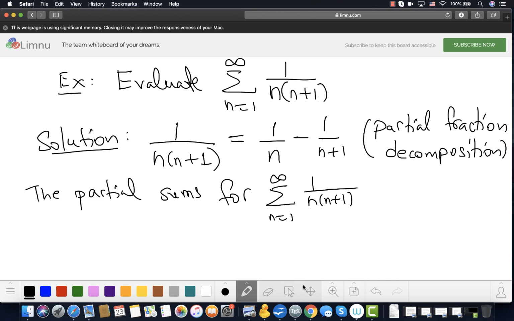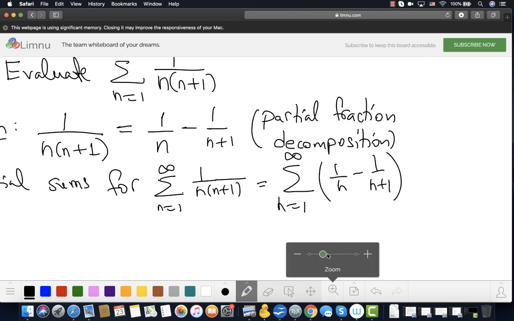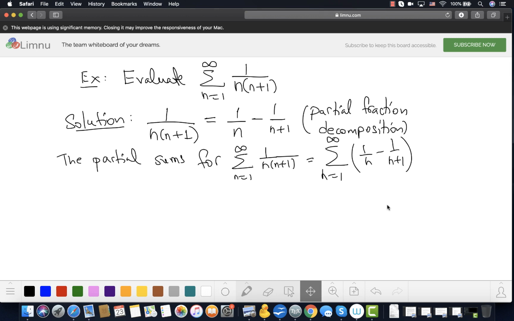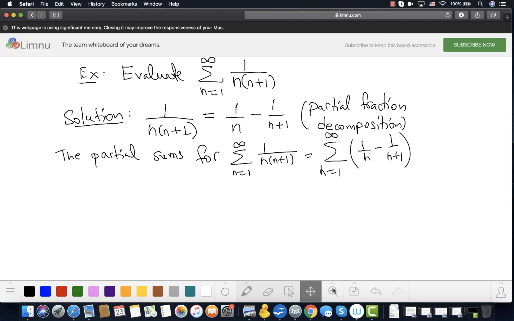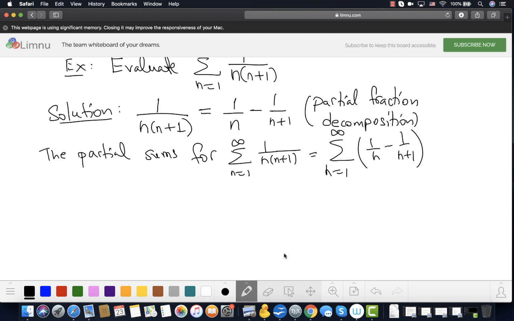Well, we know that 1 divided by n times n plus 1 is just 1 over n minus 1 over n plus 1, with n going from 1 to infinity. Okay, perfect. So for this sum, we can compute the sequence of partial sums.